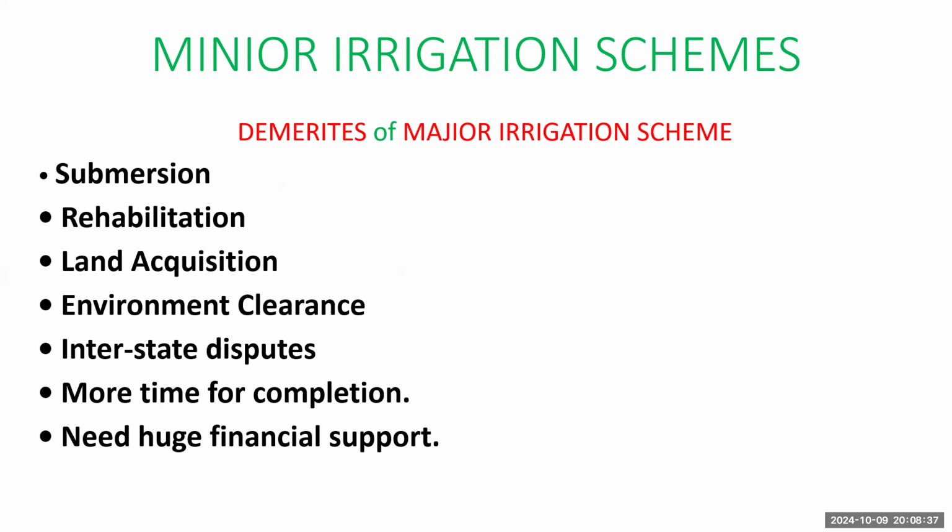It shows how much disturbance there will be to the ecosystem and the overall environment, and based on that the permission is given. So this environmental clearance is a big hurdle in implementing major irrigation. In minor irrigation schemes, such an EIA study is not required because no area, or a very small area, is under submergence.